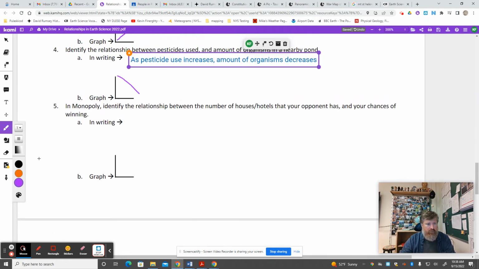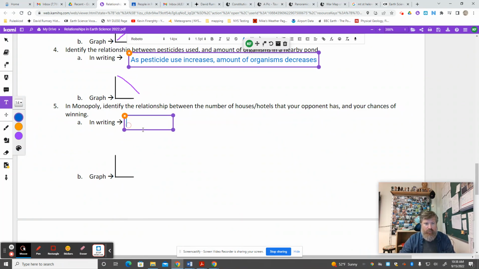In Monopoly, identify the relationship between the number of houses and hotels your opponent has and your chance of winning. So as my opponent gets more hotels, houses. Now, let me take that back. Let's stick to the same format.